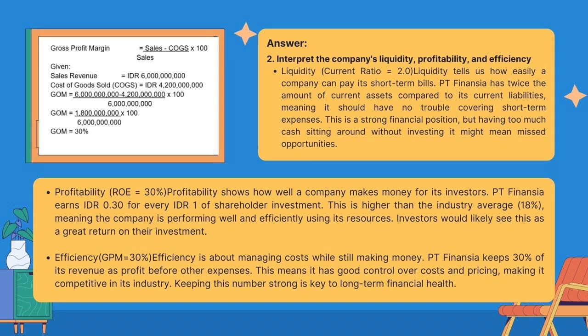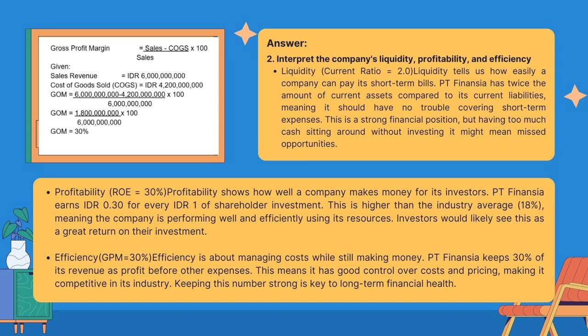The sales revenue is 6 billion rupiah and the cost of goods sold, or COGS, is 4.2 billion rupiah. So gross profit margin is equal to 6 billion minus 4.2 billion over 6 billion times 100. So we got 1.8 billion rupiah over 6 billion times 100.